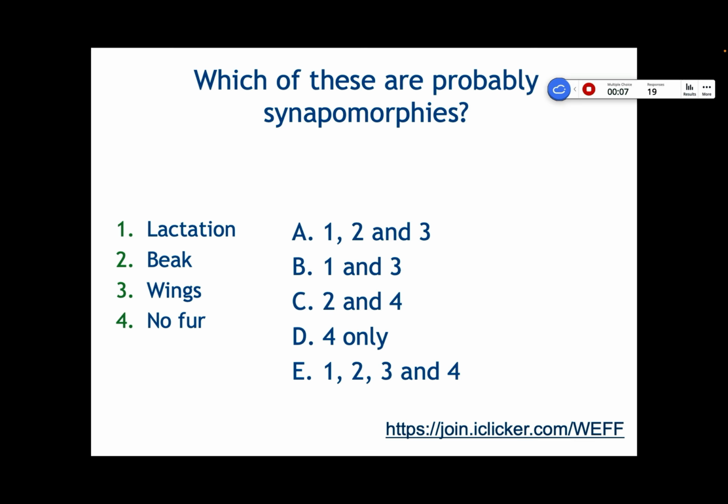I say probably, of course, because for this type of question, we're using an outgroup to determine whether a trait is derived or ancestral. You may not have 100% certainty. But you're often able to tell derived versus ancestral with reasonable confidence.